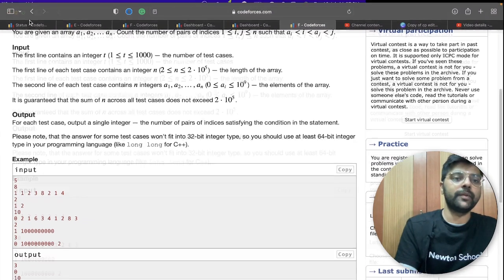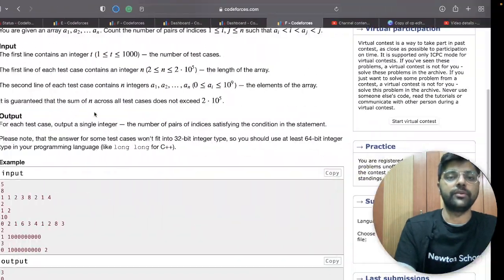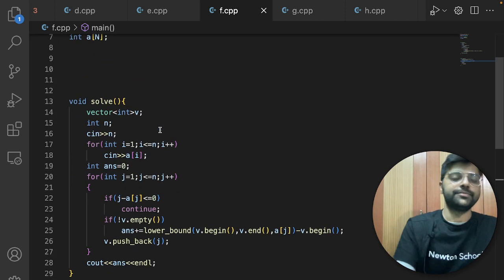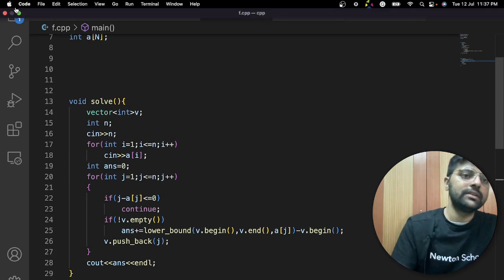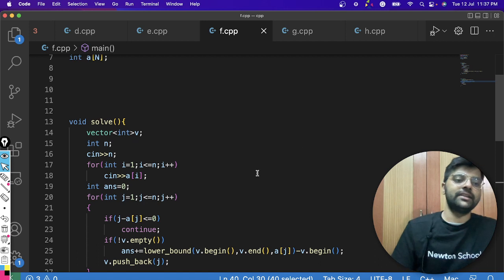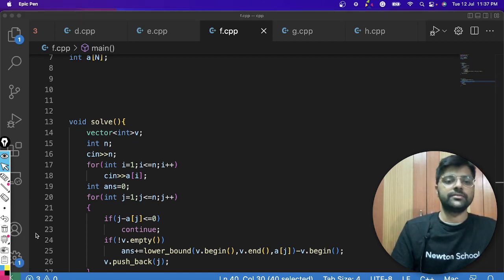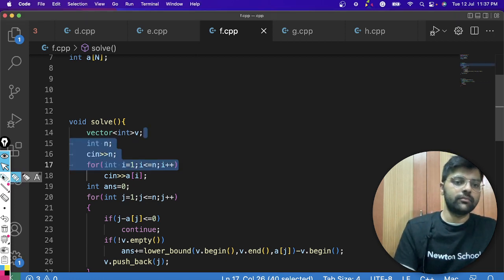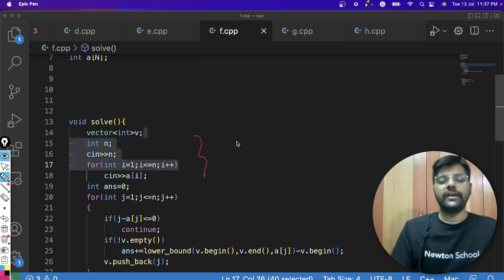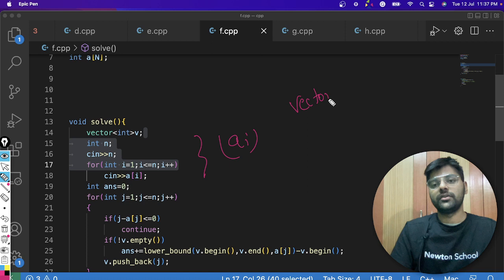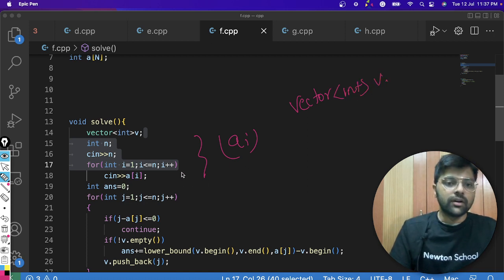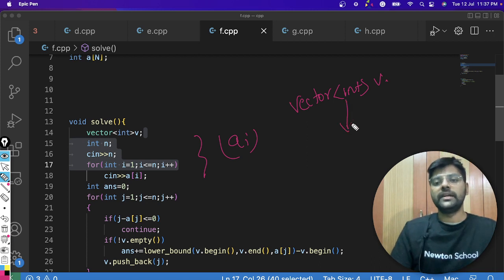This type of problem is repeated. This kind of inequality you have to maintain repeatedly. I would term this problem easier than problems D and E. So basically, I took the array, and now I have taken a vector of indexes, v.